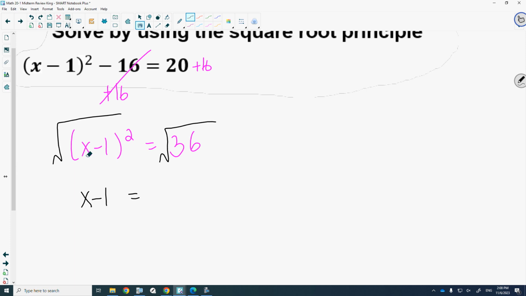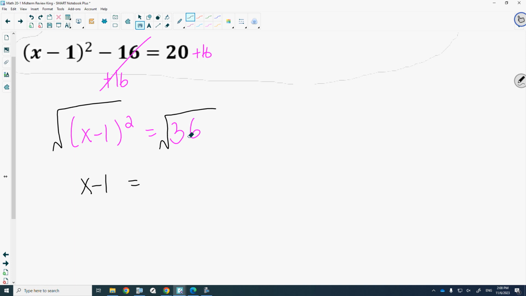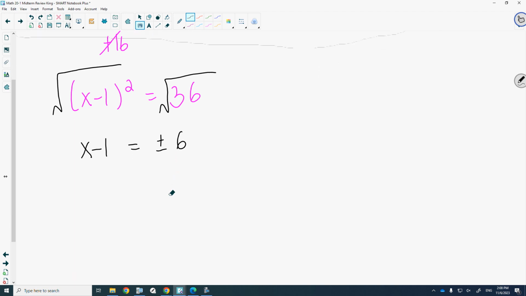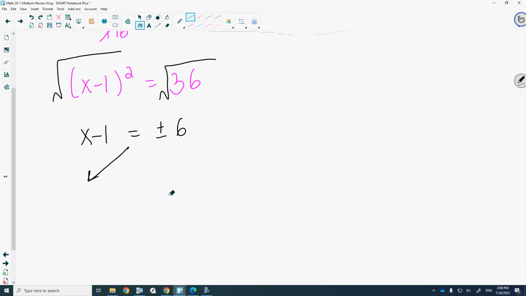And remember, the square root principle says that when you square root both sides of an equal sign, we don't just get 6, we get plus or minus 6. So I've got 2 different answers. I'm going to have x minus 1 is equal to 6, and x minus 1 is equal to -6.